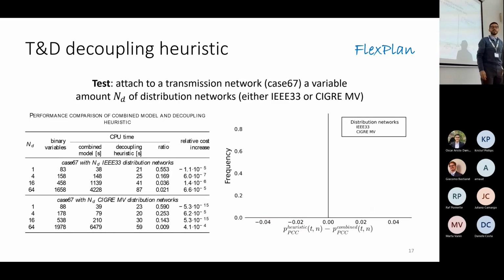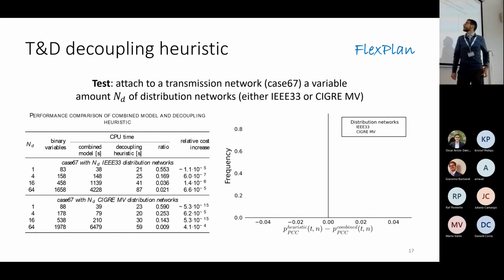Some results. Here is a test we made by taking a 67 bus transmission network and attaching to it a variable amount of distribution networks. Here is the number of distribution networks attached.